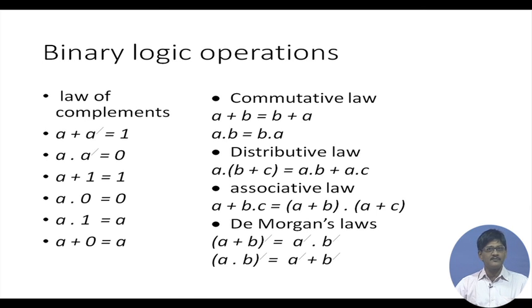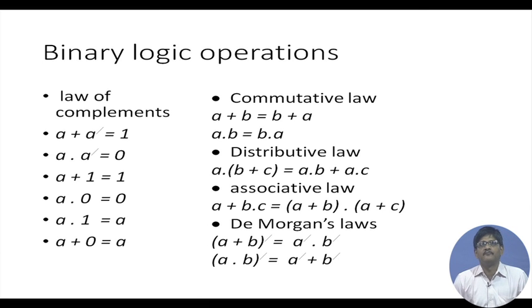Because at least one of them will be 1, and OR means that if one of them is 1, you will get a 1 as the answer. E and E dash is 0, because at least one of them will be 0, and if you have a 0 ANDed with another variable, you will get a 0. In the same way, A or 1 is 1, A and 0 is 0, A and 1 is A, and so on and so forth.